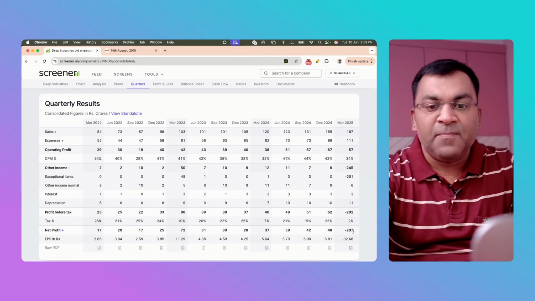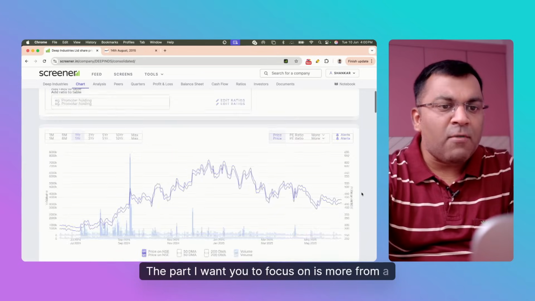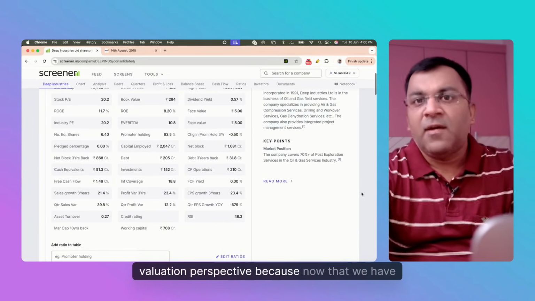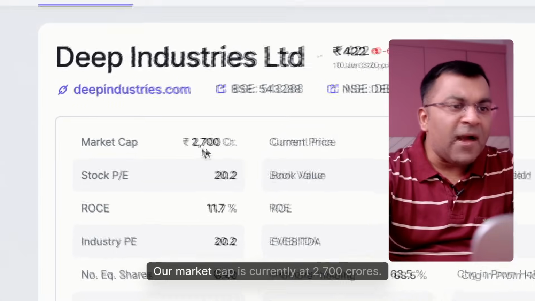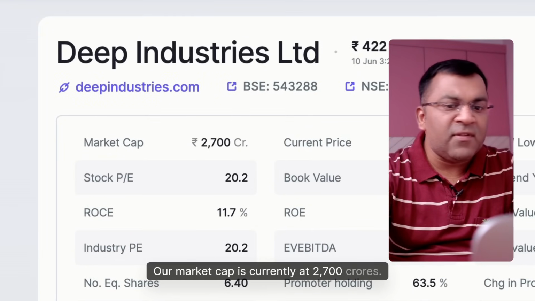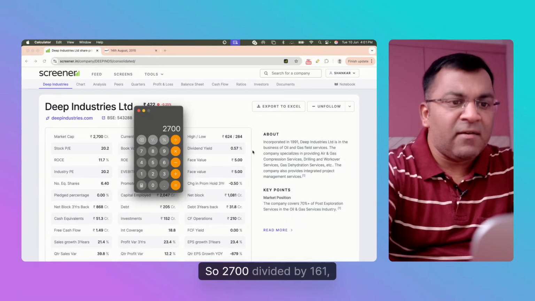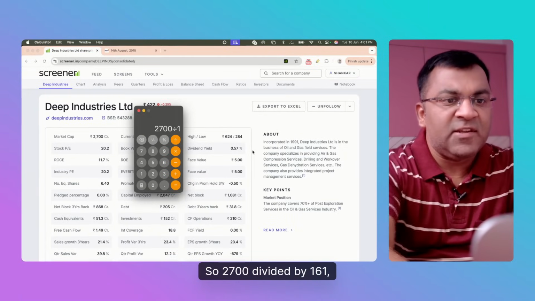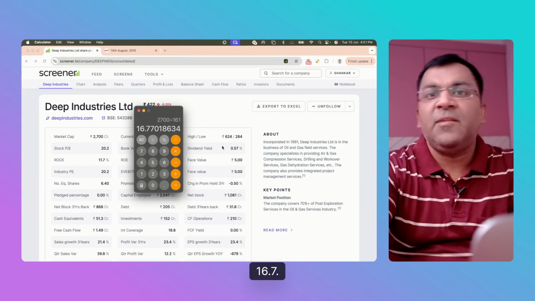The part I want you to focus on is more from a valuation perspective, because now that we have redrawn those numbers, 161 crores, our market cap is currently 2,700 crores. So let's open a calculator. 2,700 divided by 161 comes to 16.7.